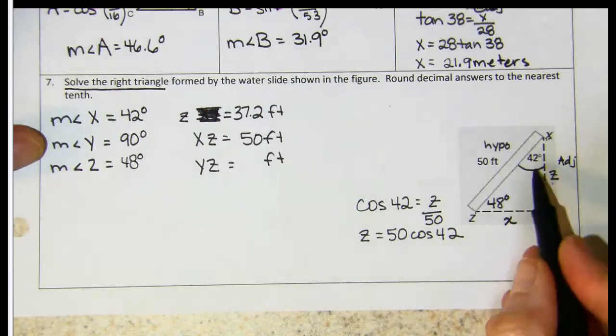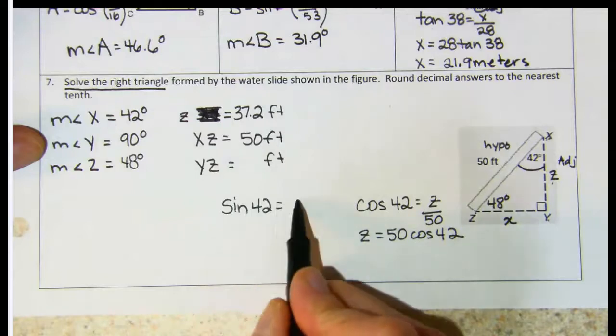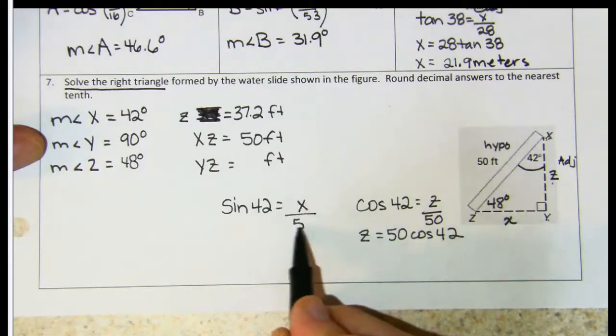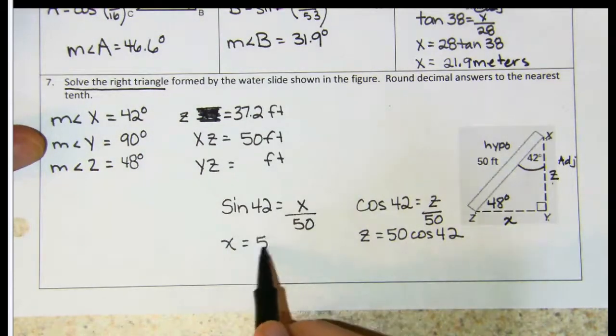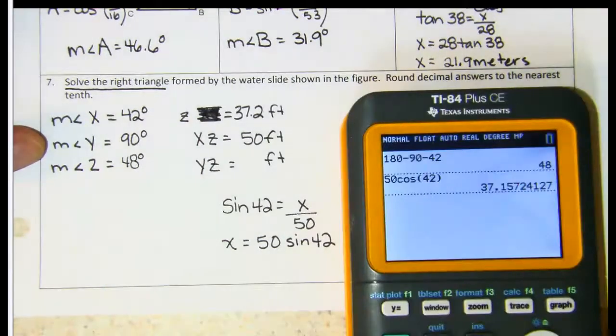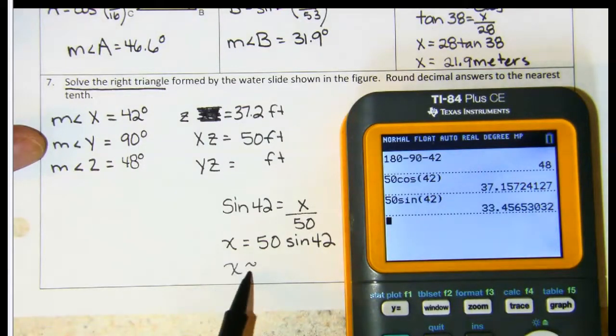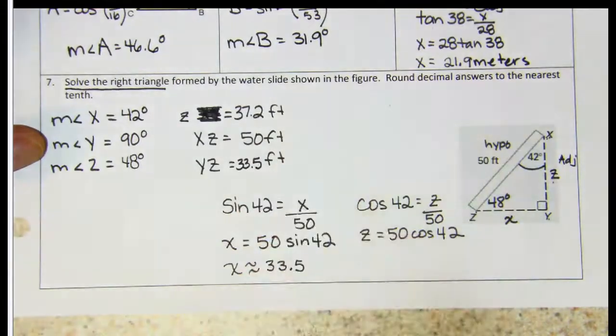Now, the next thing I need to find is this lowercase x. If I still use 42, I can say sine 42 because x is now opposite and the hypotenuse is still the hypotenuse. So to solve for x, I would say 50 sine 42, and that gives me x is approximately 33.5 feet.